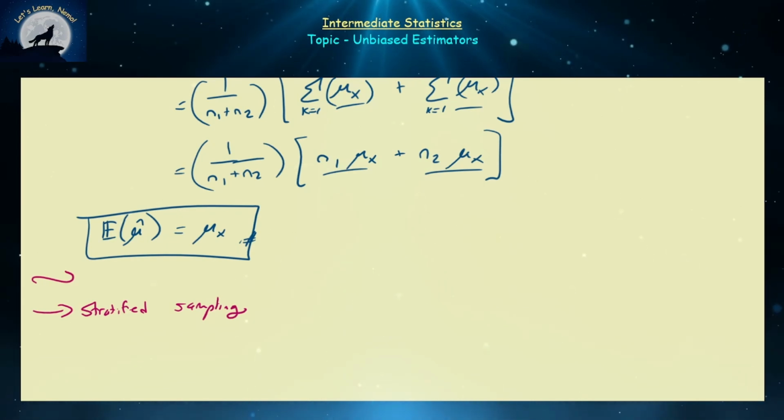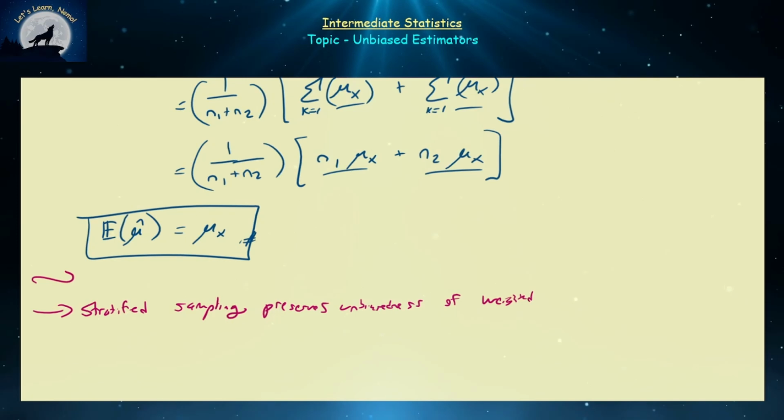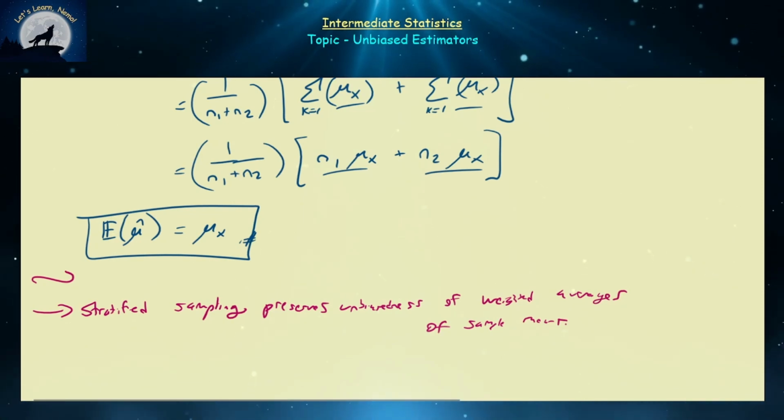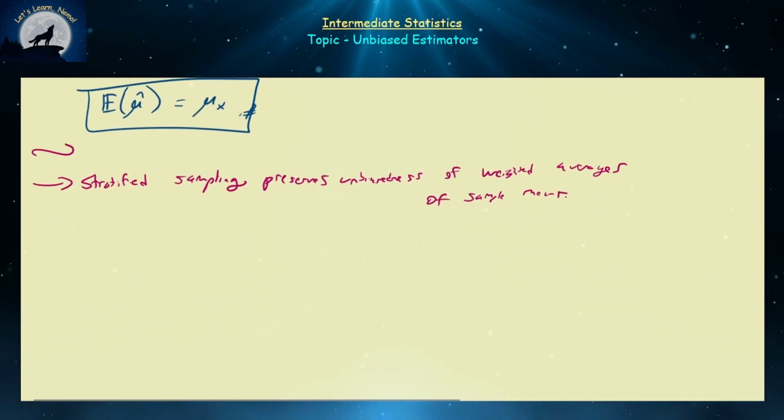So stratified sampling preserves unbiasedness of weighted averages of sample means. In some sense, sample means are still unbiased, and when you're working with a stratified sample, you can still get an unbiased estimator by taking the weighted average of those sample means.